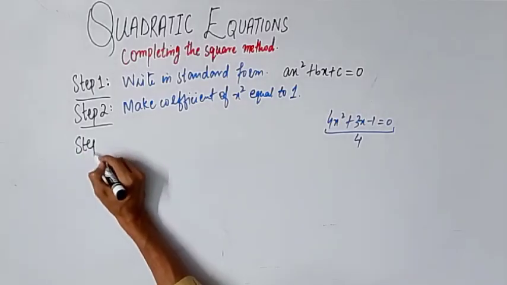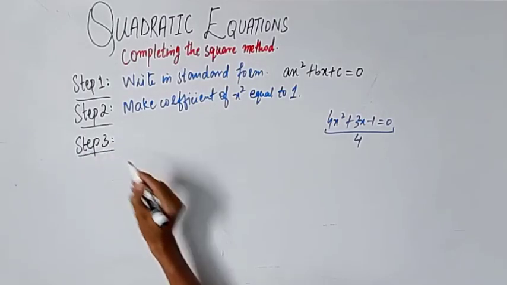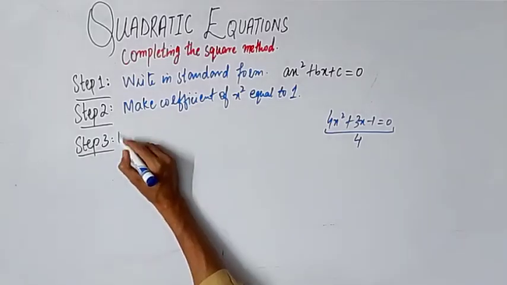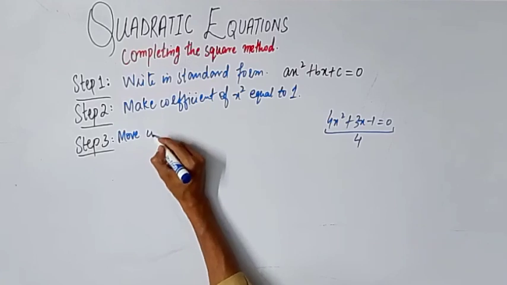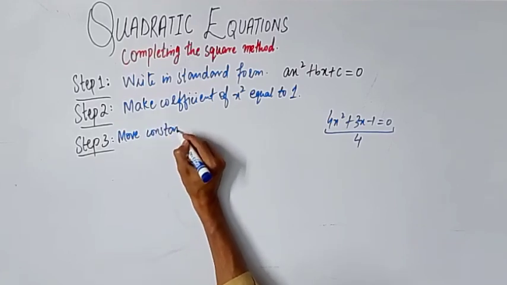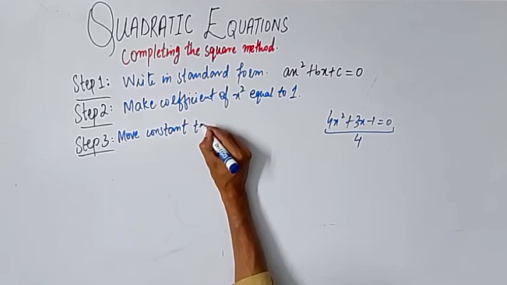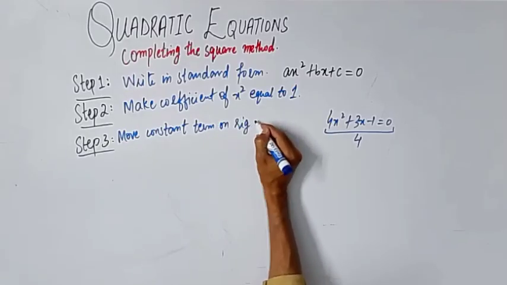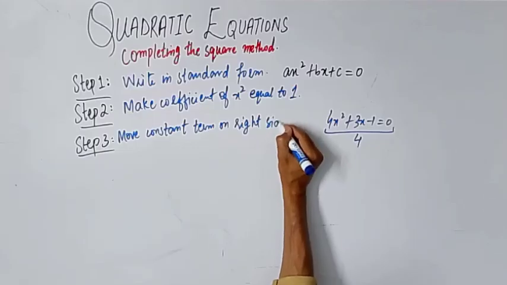If you remember this step, you can easily do any question with this method. So in the third step, move your constant on the right side. Move constant term, meaning c, on the right side of the equation.